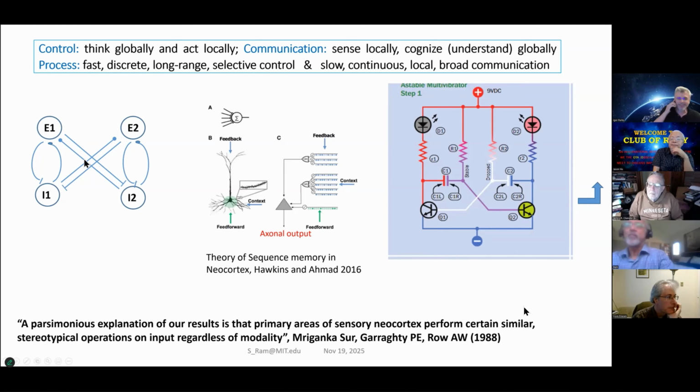But this is a canonical circuit. That means if you zoom into it, it's a fractal structure. You'll keep on seeing more and more connections like this in many different parts of the brain. By the time I go from the ear to the Wernicke area, we have gone through many, many layers, and each layer works at a different time interval.